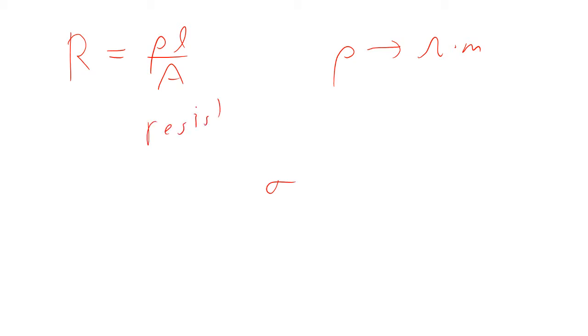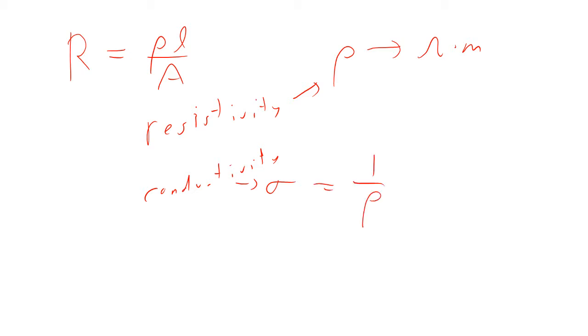Resistivity. We know that R is rho L over A. So the resistivity has units of ohm meters. There's also conductivity, and that is 1 over rho.